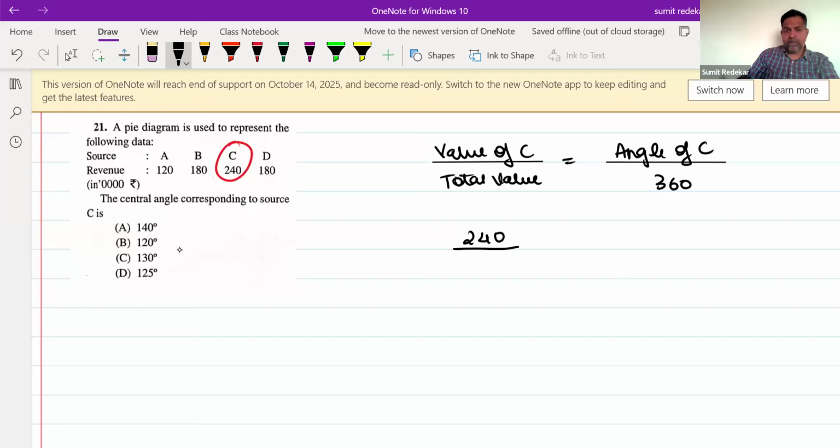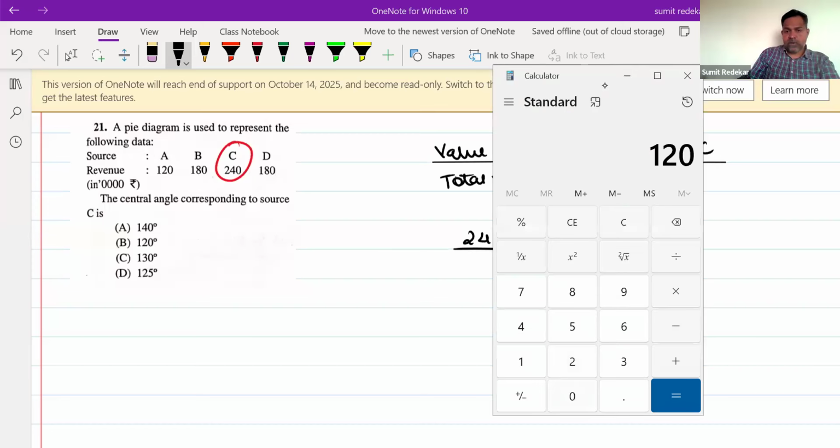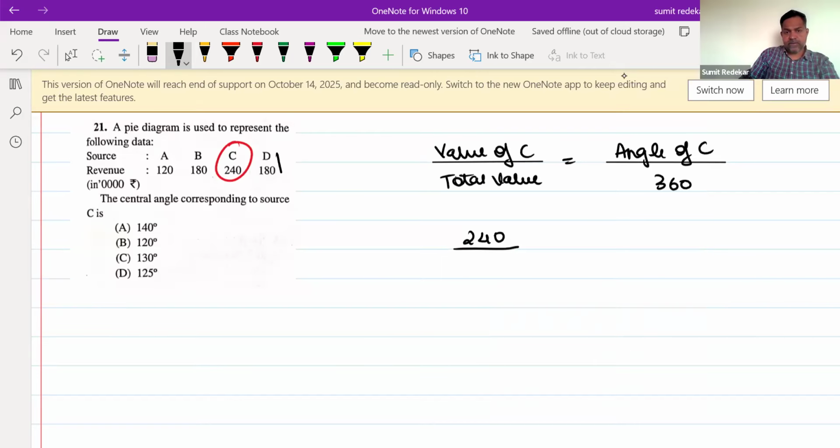240 divided by total, so take the total. The total is 120 plus 180 plus 240 plus 180, a total of 720. So out of 720 is the angle of C. I'm just writing it as angle, or you can also say theta upon 360.